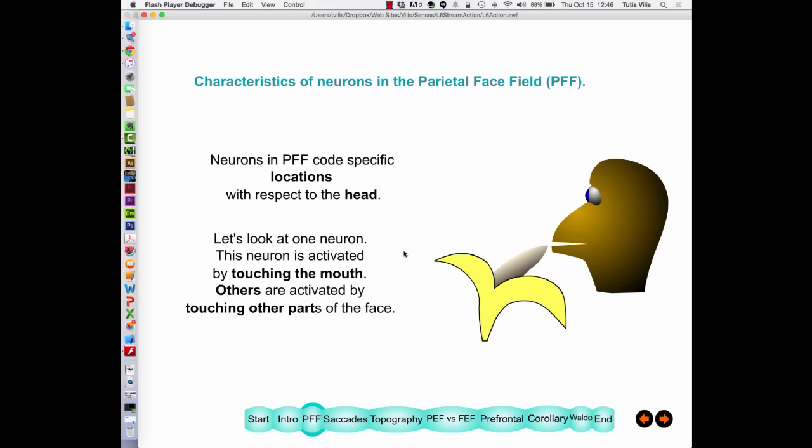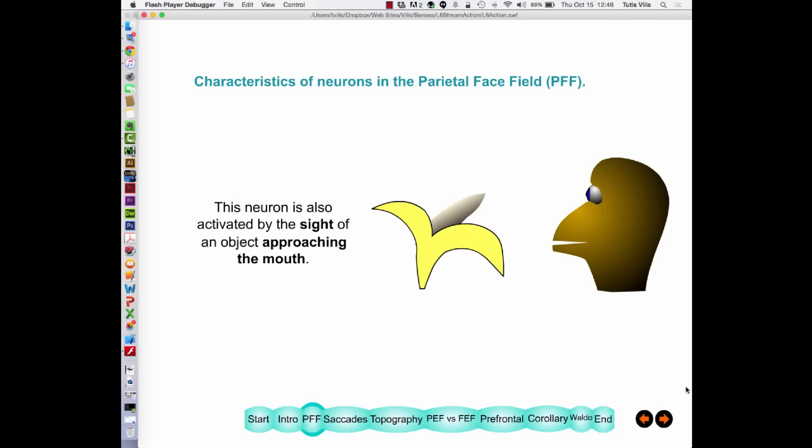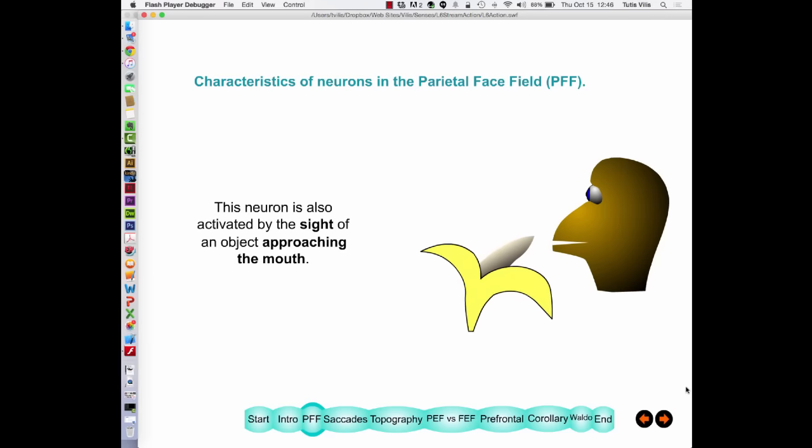So one of these areas, the parietal face field, we'll study in a moment. Neurons here will fire when something touches a particular part of the face. One neuron will fire when something touches the lip here. Another might fire when something touches the forehead. It not only fires for something actually touching, but something about to touch.